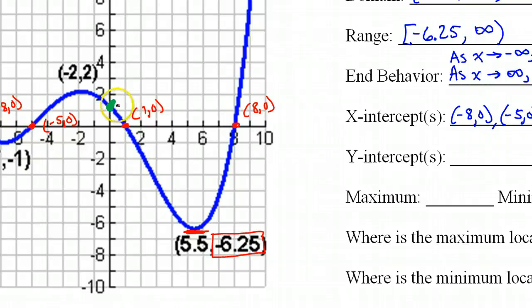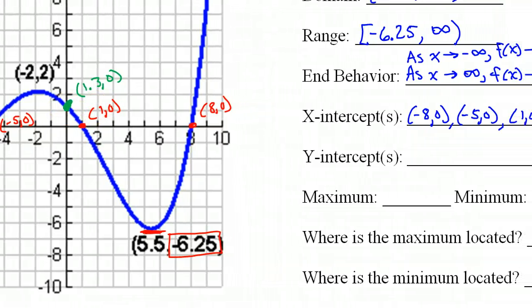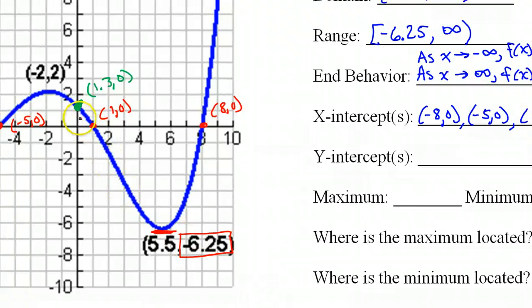Now, to me, this looks like a decimal. It seems to be a little bit above 1. So it's something like maybe 1.3 comma 0. I'm estimating, and I would give you anything between 1 and 1.5.